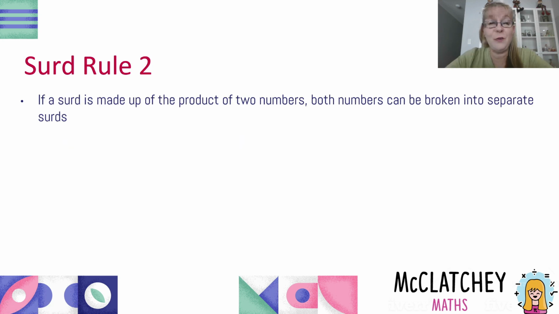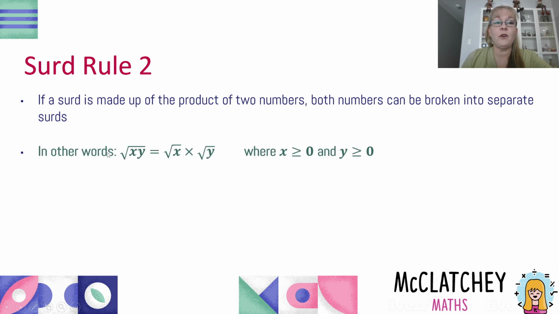The second surd law is that if a surd is made up of 2 numbers multiplied together, we can break those up as separate surds. So what I mean by this is if I've got the square root of x times y, I can rewrite that as the square root of x multiplied by the square root of y, because there's a little invisible times symbol in here.